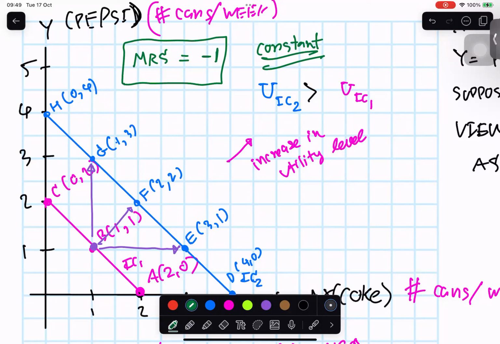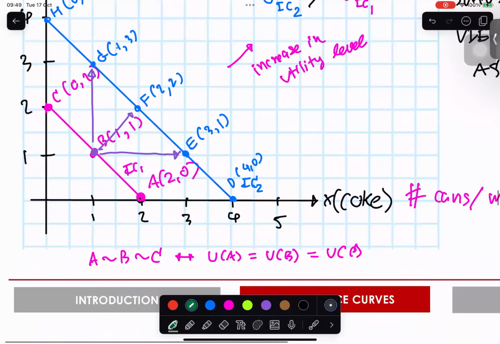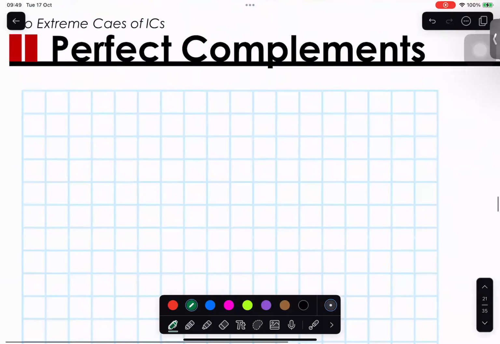From perfect substitutes, there is another perfect one: perfect complement. Next picture. Perfect complement.